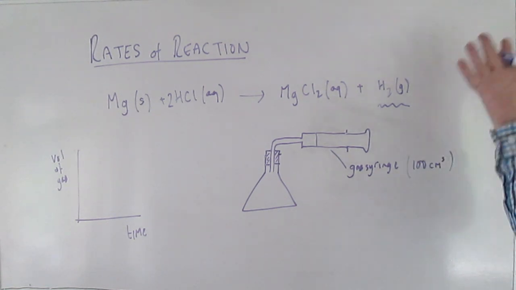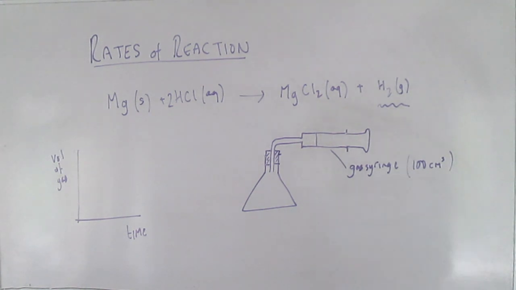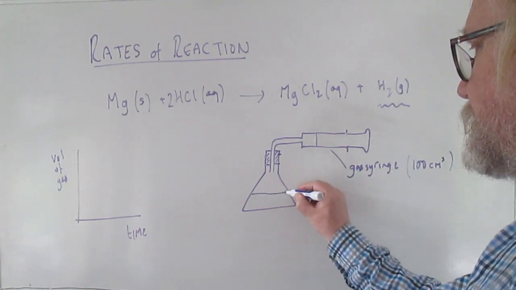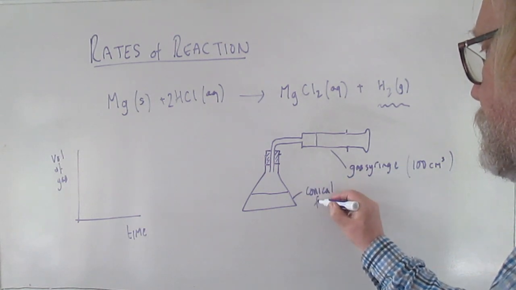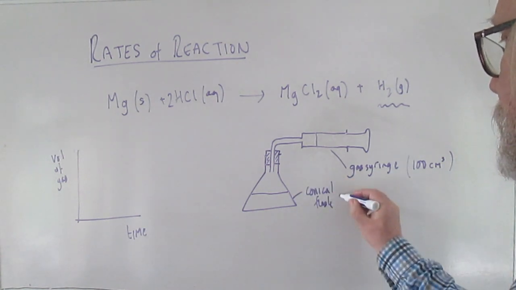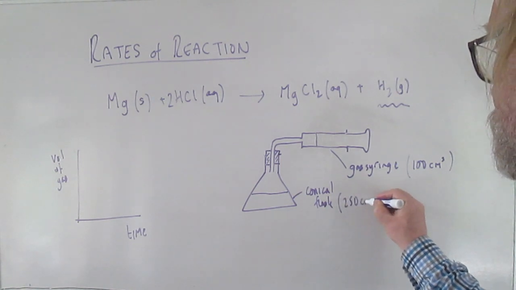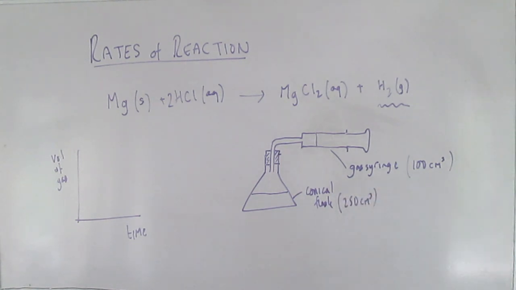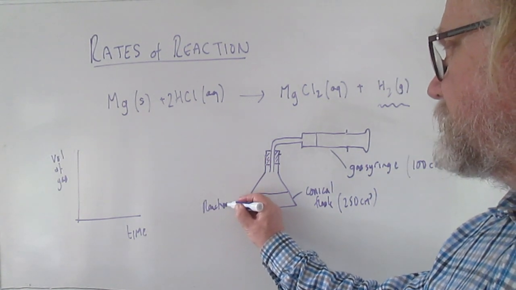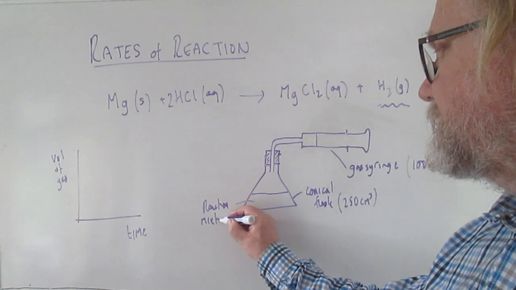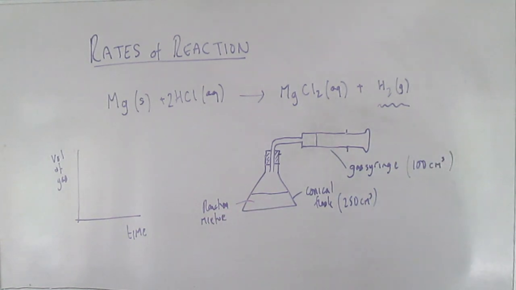If it was a bigger volume, you'd need a bigger syringe, and so on. And your reaction mixture would be in here, so label this as a conical flask. And again, put the size on there, so 250 cm cubed or whatever. So just simple questions like that are quite common, where you just have to suggest a sensible setup.